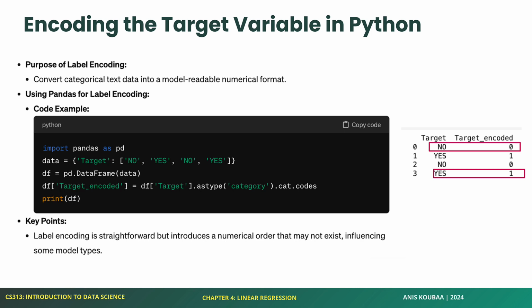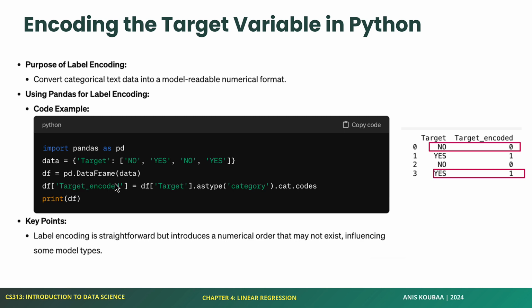Okay, so the purpose of label encoding is to convert the categorical data into a model-readable numerical format. And there are different ways we can do this in Python. If you want to convert categorical data into just a number, we can use the pandas functionality.